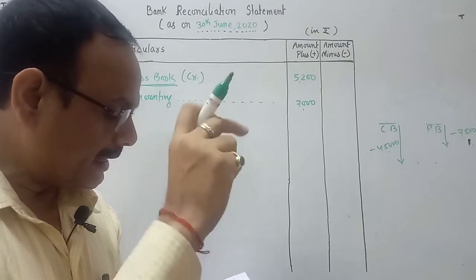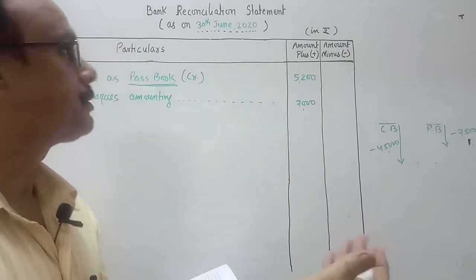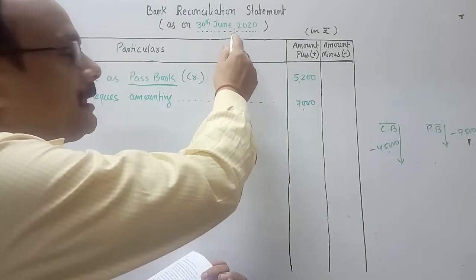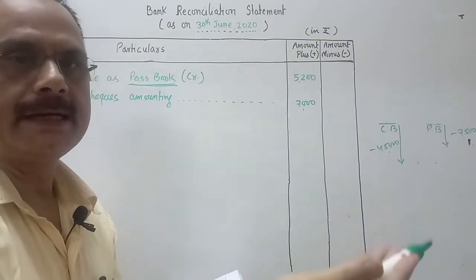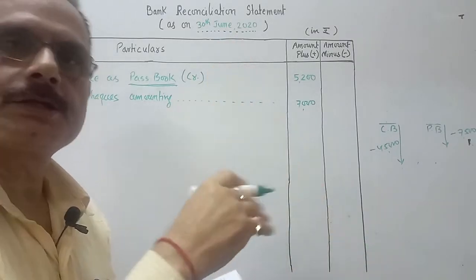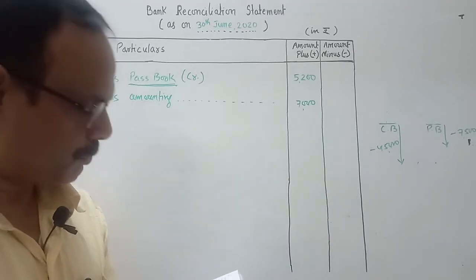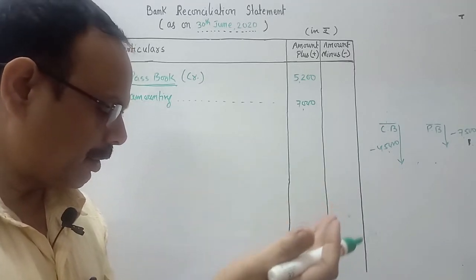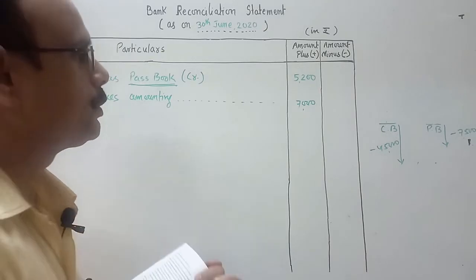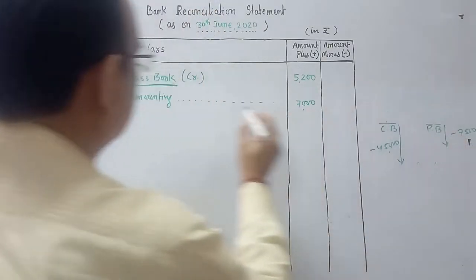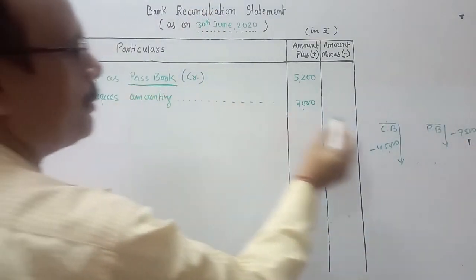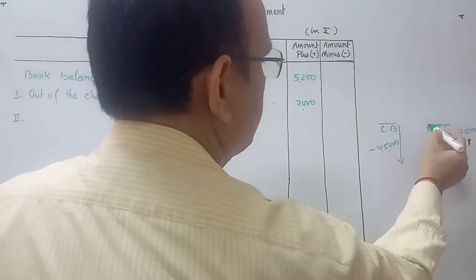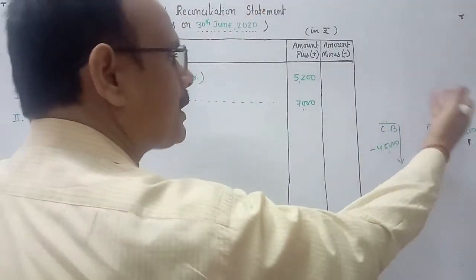And checks amounting to 18,000 were presented in July, and our date of reconciliation is 30th June. So after that date, it means up to 30th June, that is not debited in the passbook, and the rest have not been presented so far. We are taking the passbook as a base, so we will do the addition and subtraction only on the passbook side.